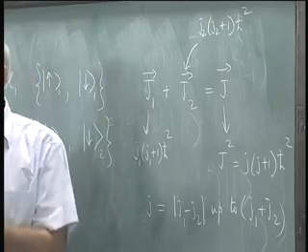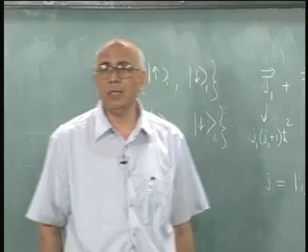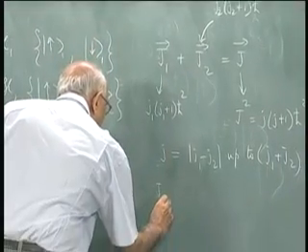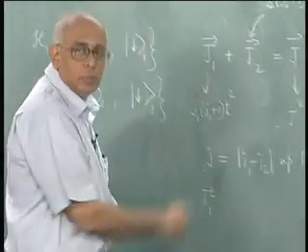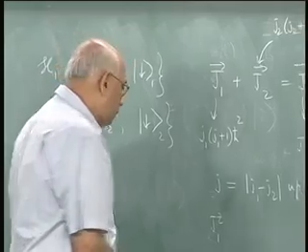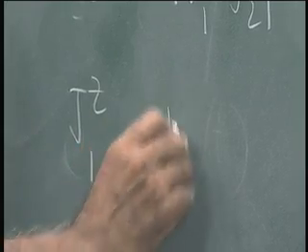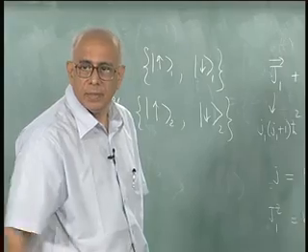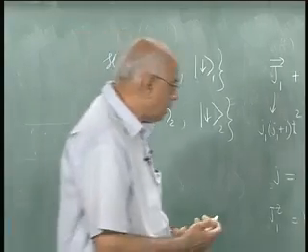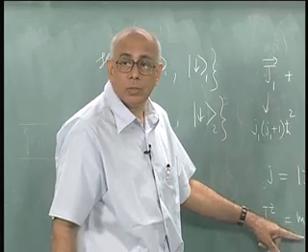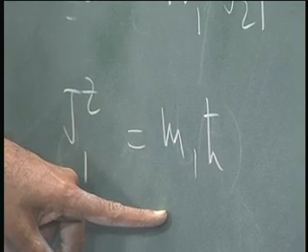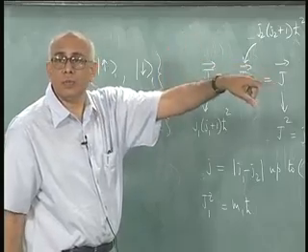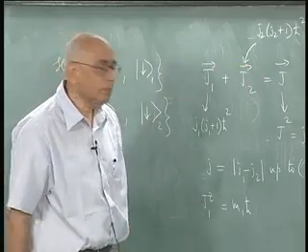Any component adds up linearly. For example, if this J1, the Z component of it, let me put a superscript there to show the Z component, if this is equal to M1 h cross, because it must have eigenvalues which are some multiple of h cross times this quantum number M, magnetic quantum number M1, and this M1 can run from minus J1 to plus J1 in steps of unity.